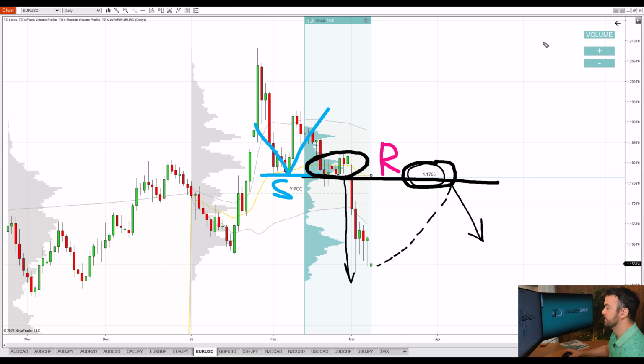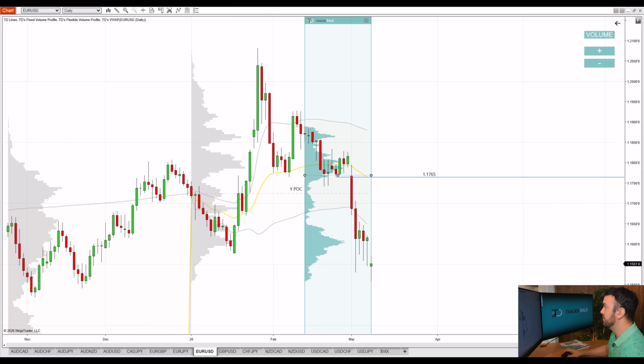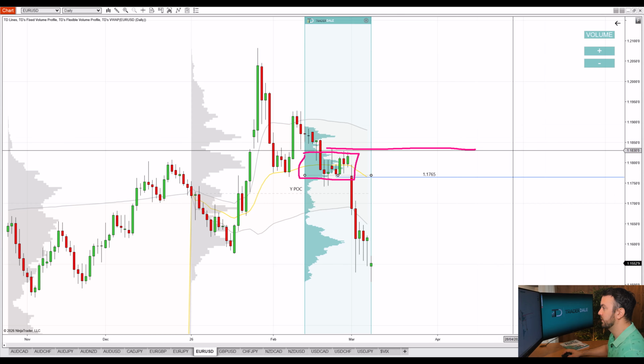Okay, keep in mind that this is a swing trade, so we need to adjust the stop loss and take profit accordingly. So the stop will need to be behind a heavy volume zone, so it will be in here, and it is at 1835, which is 70 pips, right?